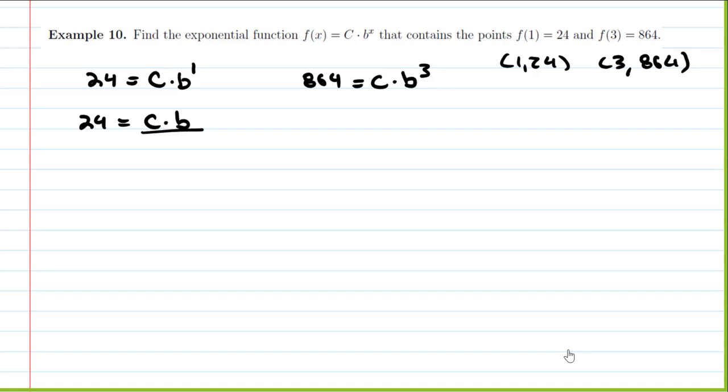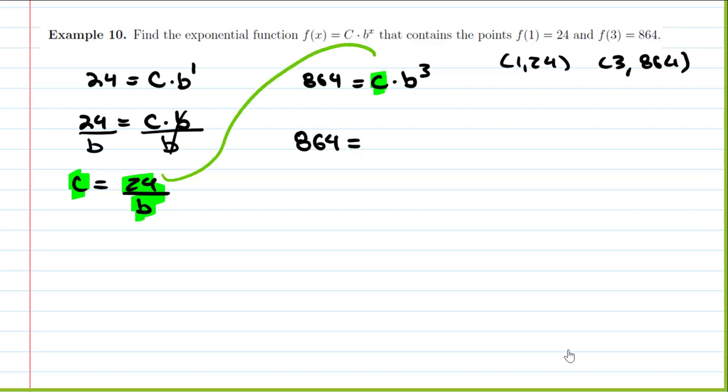So if I solve the first equation for c by dividing both sides by b, I get c is 24 divided by b, and then I can substitute that into the other equation, and that gives me 864 is equal to 24 over b times b cubed. So then one of our b's reduces here, giving us a b squared, and we get 864 equals 24 b squared.